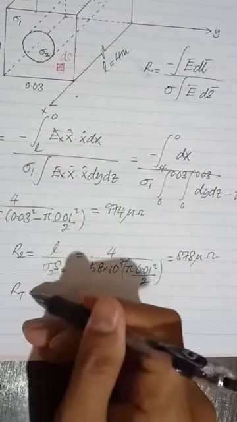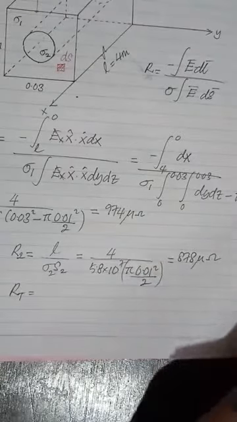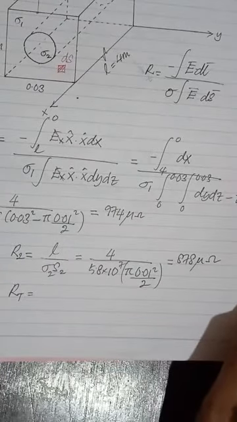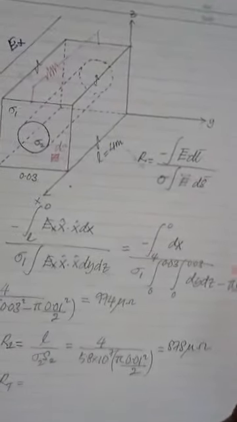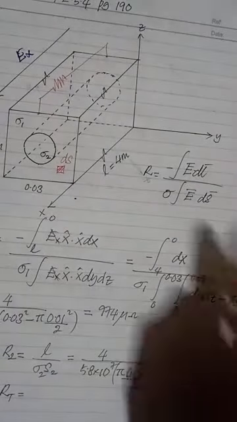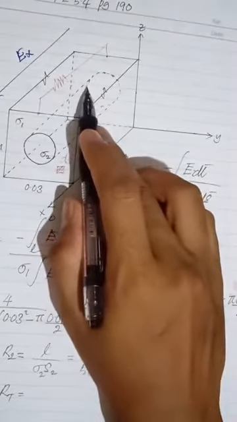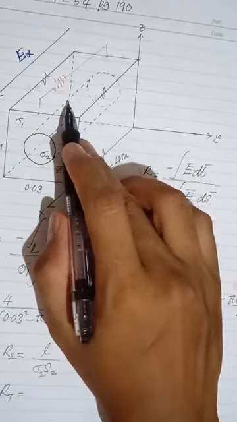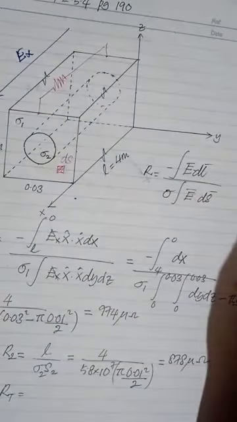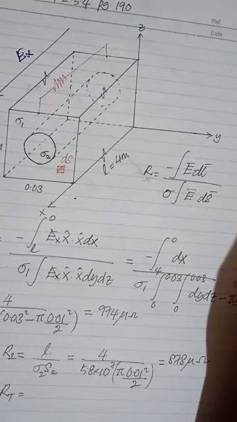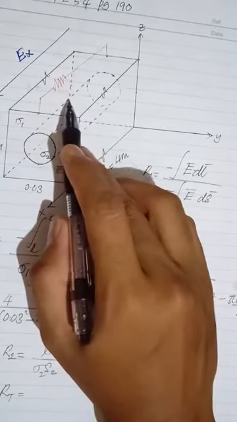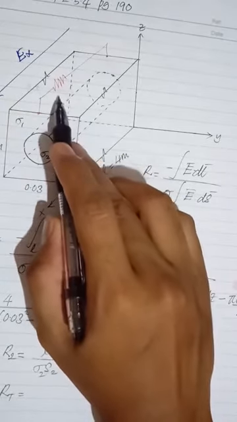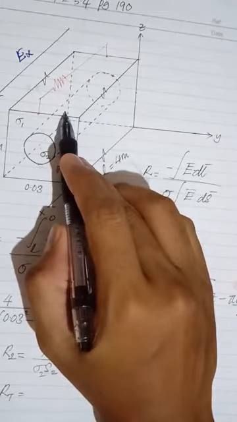Right, so if you combine them to find the effective resistance, which is R between R1 and R2, the R total, before that we need to define whether these R are in series or in parallel. It can be determined by looking at the E direction. If you see that the E direction here is parallel to the interface between these two materials, then they are actually in parallel.